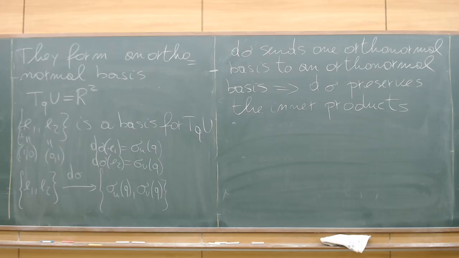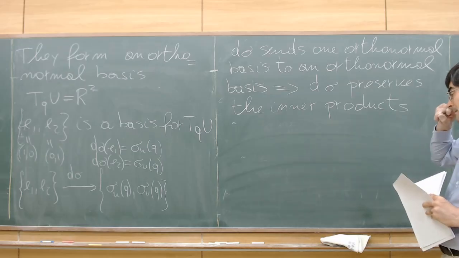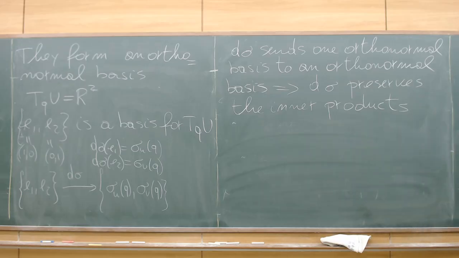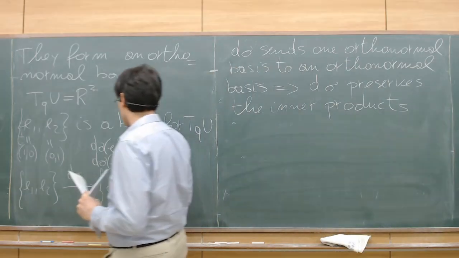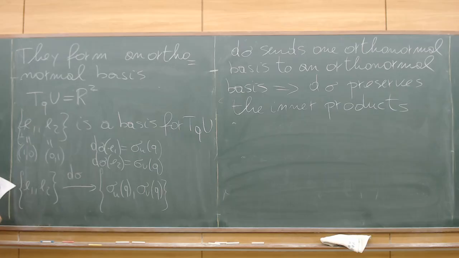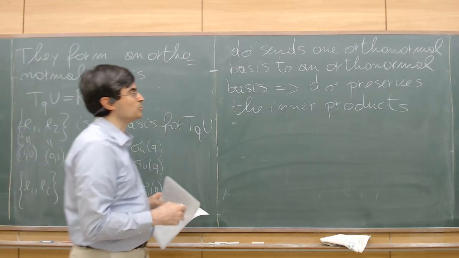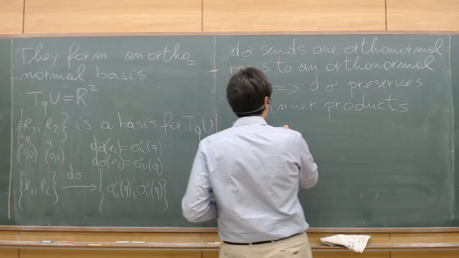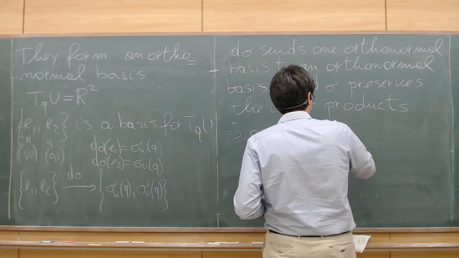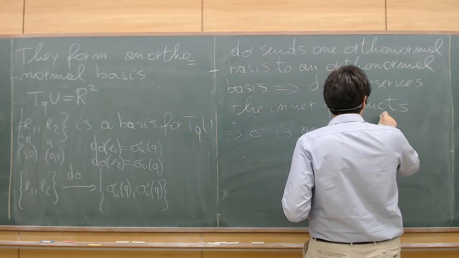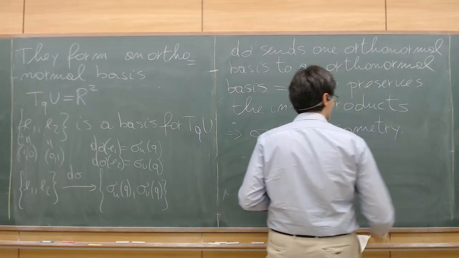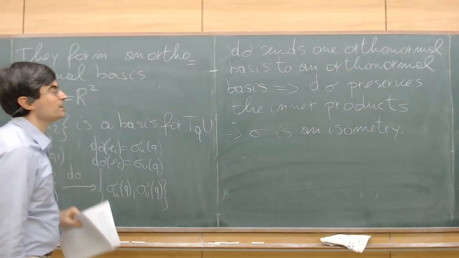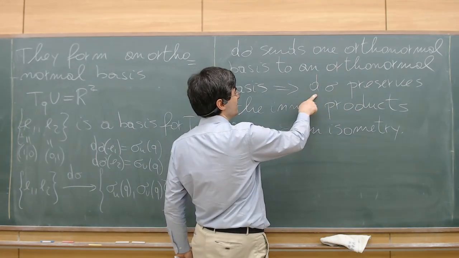Or I leave it to you as an exercise. So this implies sigma is an isometry. Try to understand why this is true.